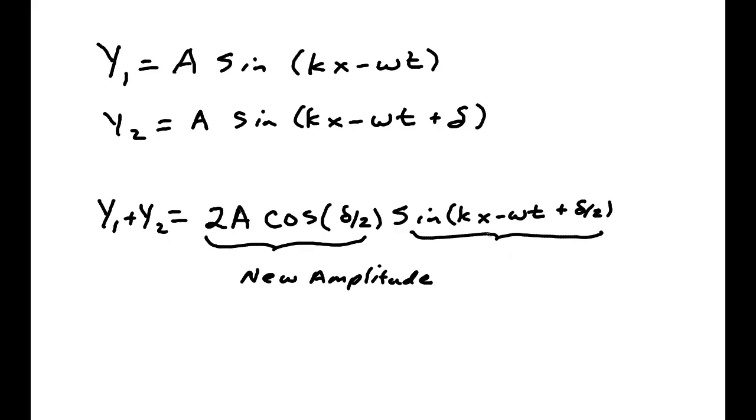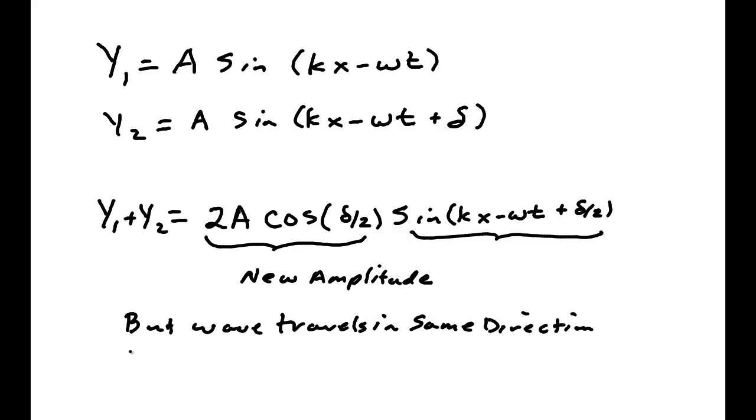And the wave itself still has the same frequency, the same velocity, and every other property, except that it takes an average of the two phases. So a new amplitude, but the wave travels in the same direction with the same speed and wavelength.